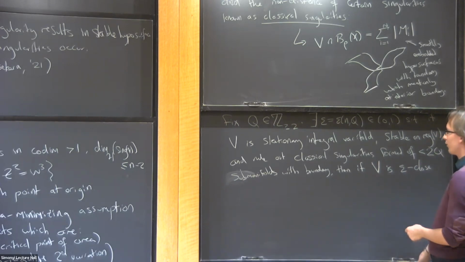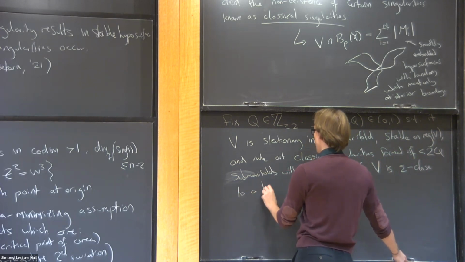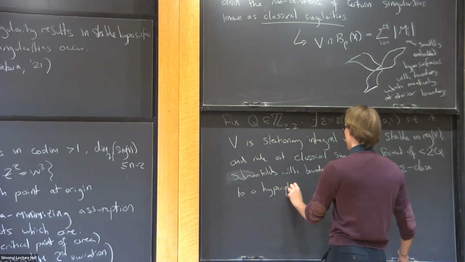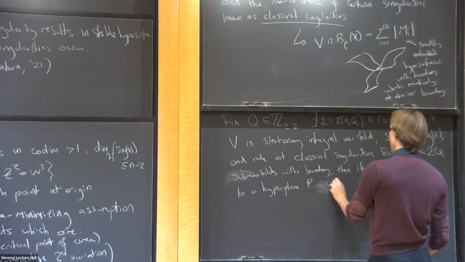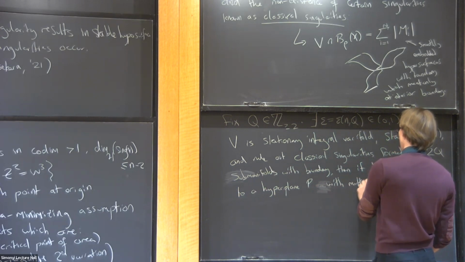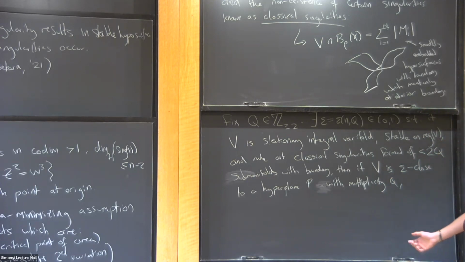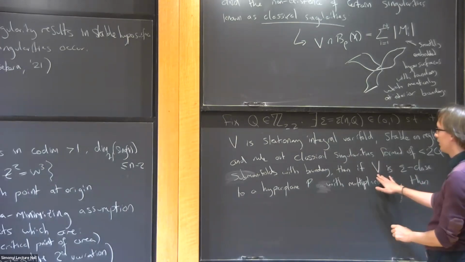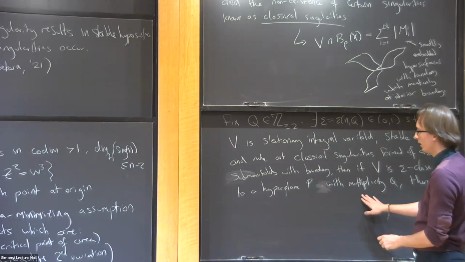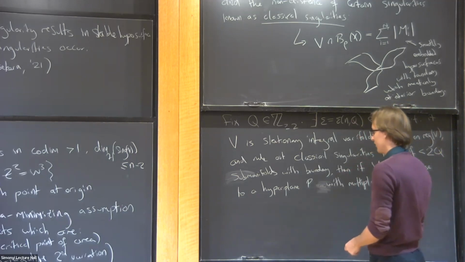If you're close in the varifold topology, like as a measure, so if you're epsilon close to a hyperplane P with multiplicity Q, so V looks like Q sheets as well, then actually this V is locally going to be essentially a C1-alpha graph of the plane in a suitable sense.